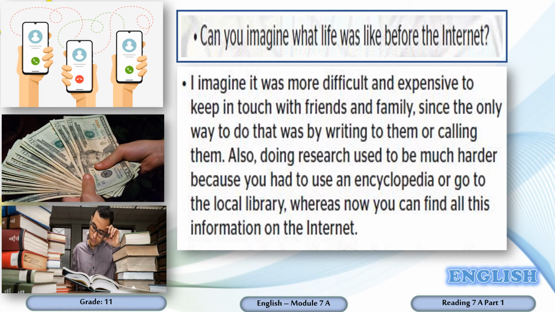Also, doing research used to be much harder because you had to use an encyclopedia or go to the local library, whereas now you can find all this information on the internet. Dear students, I hope you can imagine how the internet facilitates our life and turned our life into an easy and comfortable one.